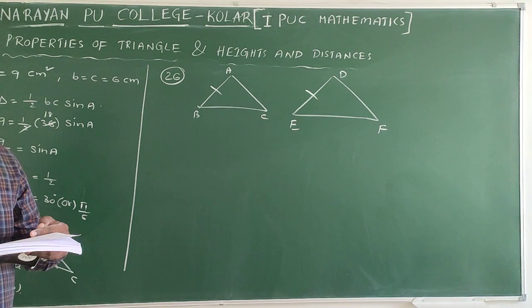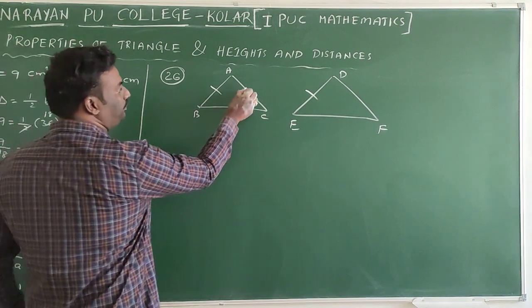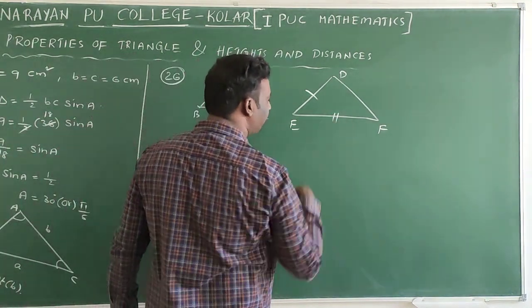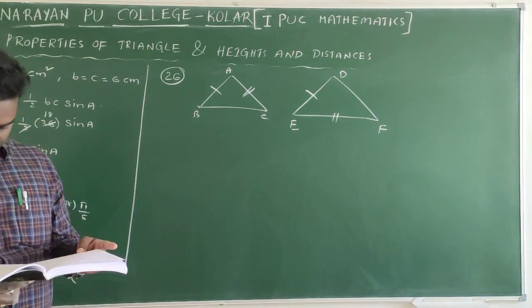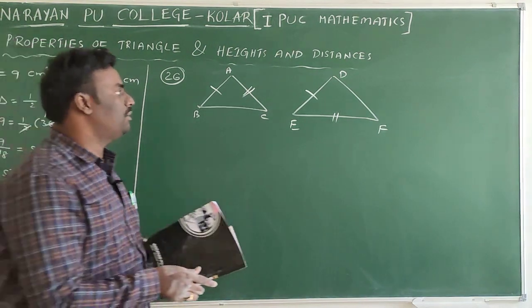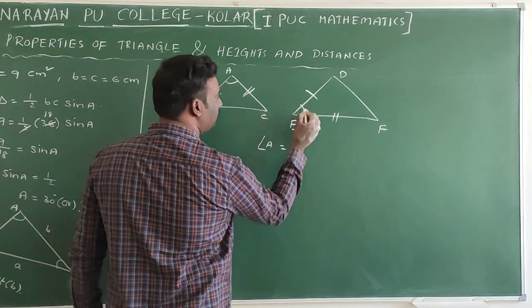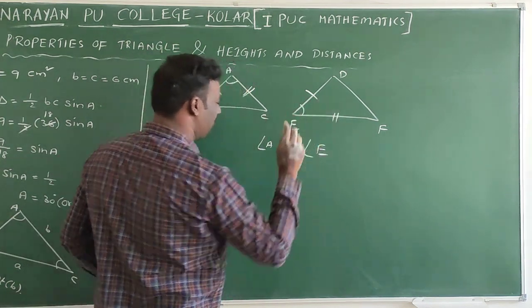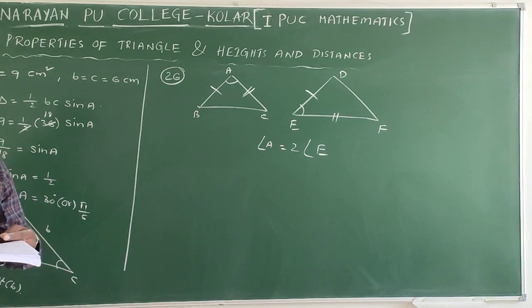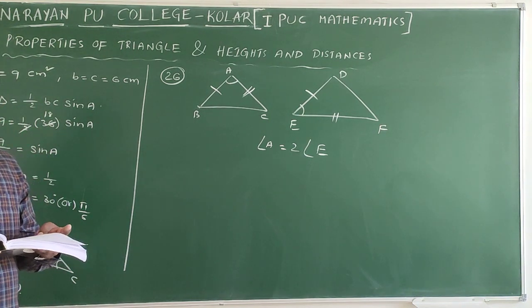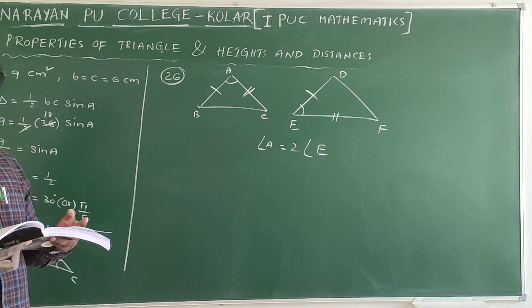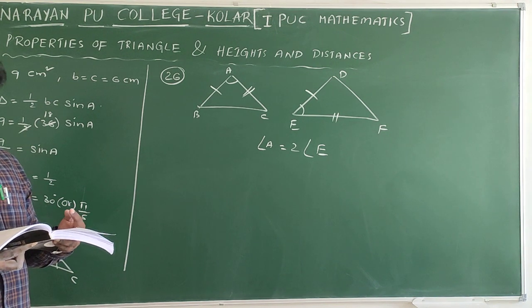Next, AC equals EF, these two sides are equal. And angle A equals 2 times angle B, double. The two triangles have the same area, then we need to find angle A.